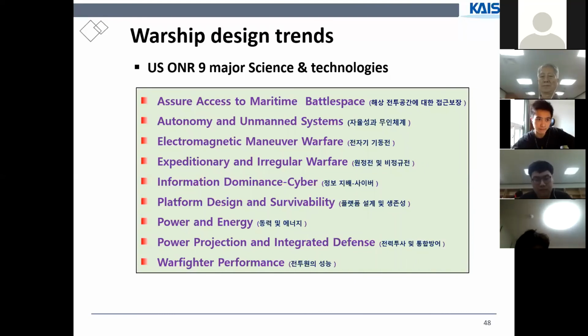So if you're interested in this technology, you can have a chance to join the development of technology, and by using that, you can use your warship design.